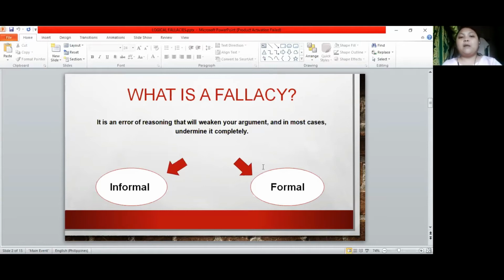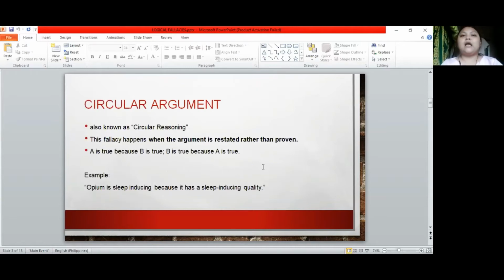So here are some common logical fallacies that we may see in some social media platforms like Facebook, Twitter, and so on and so forth. The first one is the circular argument, also known as circular reasoning. This fallacy happens when the argument is restated rather than proven. So in other words, instead of explaining whether the argument is true or not, it just falls back to the original argument.